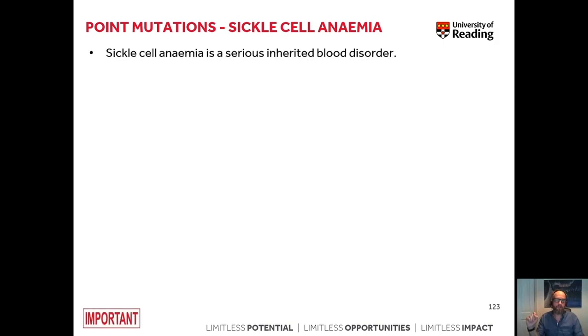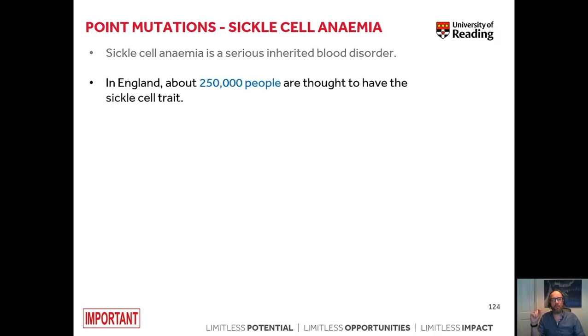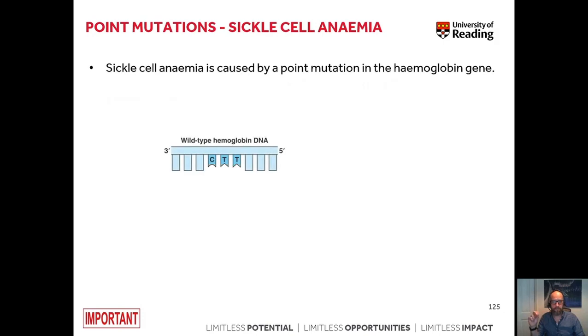Sickle cell anemia is a serious inherited blood disorder, and in England about 250,000 people are affected by the disorder. The genetic cause is a point mutation in one particular codon in the hemoglobin gene.